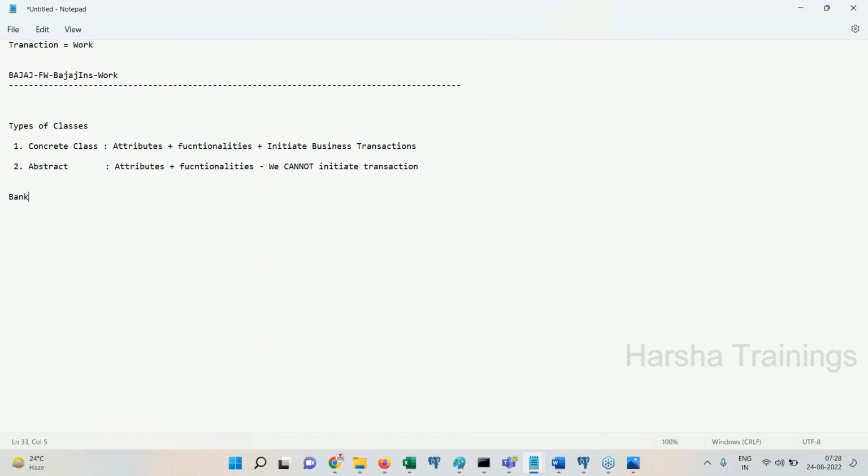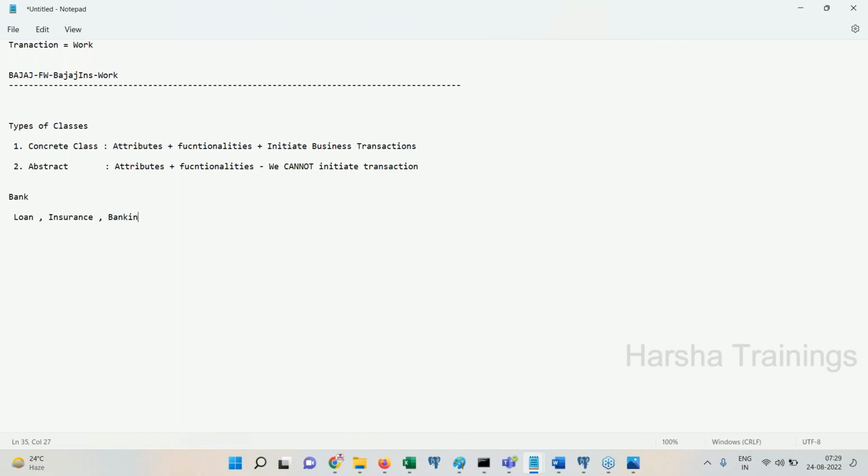So what are the different business processings that we can do in a bank? Loan. The bank can provide loans, and the bank can provide insurance policies. That is possible. And there will be other departments as well. Loan, insurance. What else will be there?